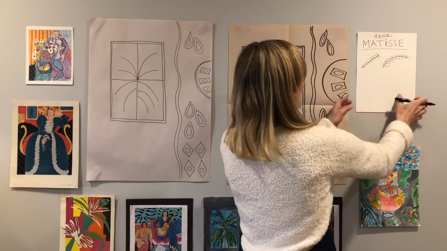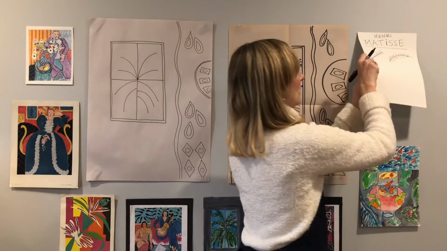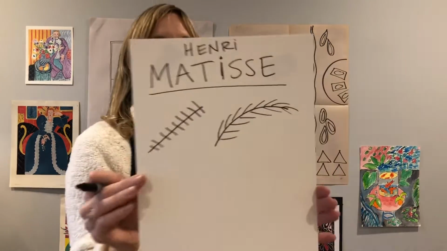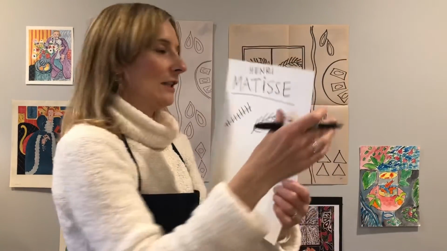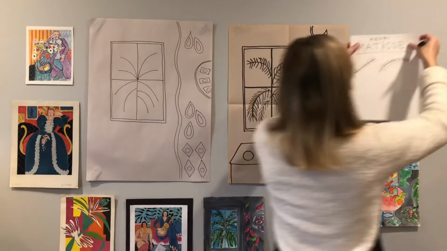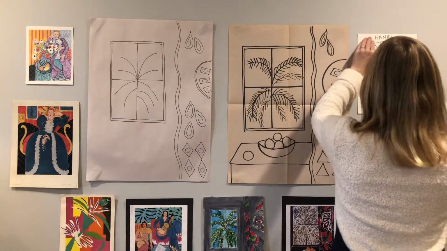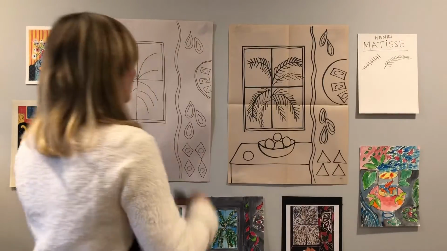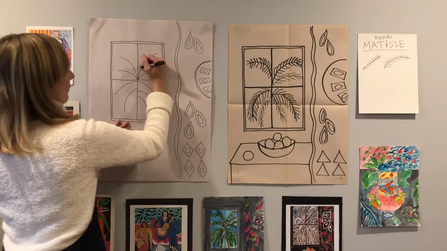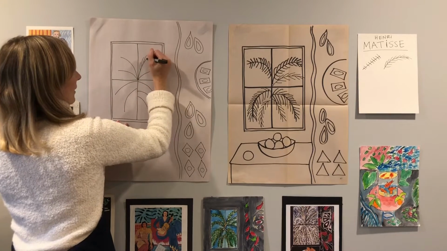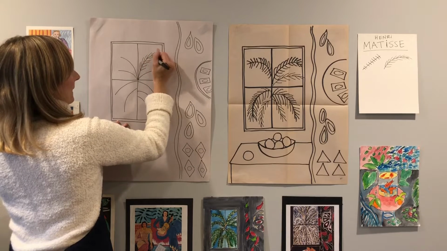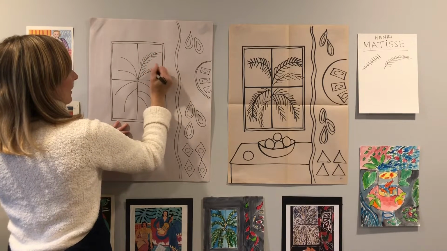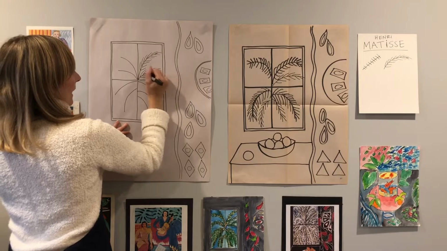Okay, so do you see the difference here? So one is going to look more realistic than the other, and we want to curve these because it's a tree, and if you've seen a real palm tree, you know they have those big fronds that curve. So you're going to make curving lines off of both sides of your stems here.